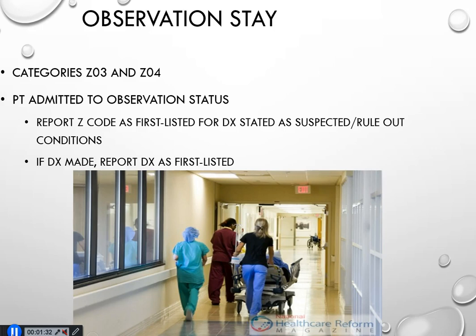For example, a patient admitted for observation for a suspected exposure to anthrax would be Z03.810. And then they demonstrate no signs or symptoms, but they're admitted to observation to determine if the exposure will result in the patient actually developing anthrax.